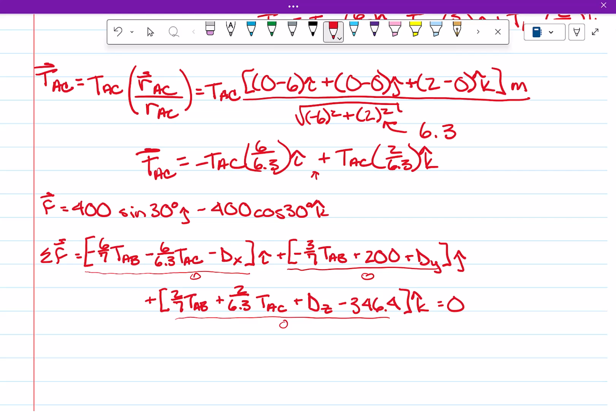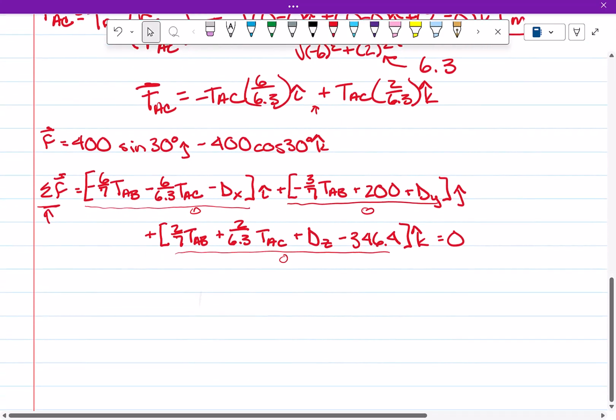So that means we can separate each one and set it equal to 0. Now, if on the left-hand side you, for some reason, have some ijk, then it would be set equal to whatever was on this side. But right here, we've already said that the sum of our vector forces is equal to 0. Therefore, the left-hand side is also equal to 0.